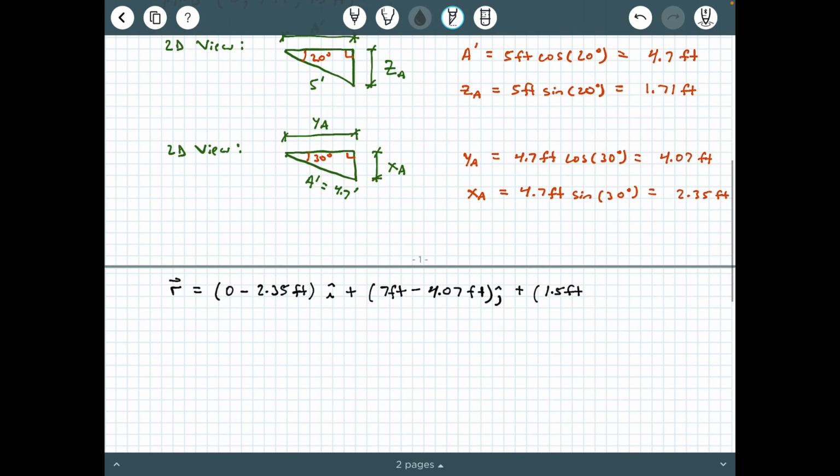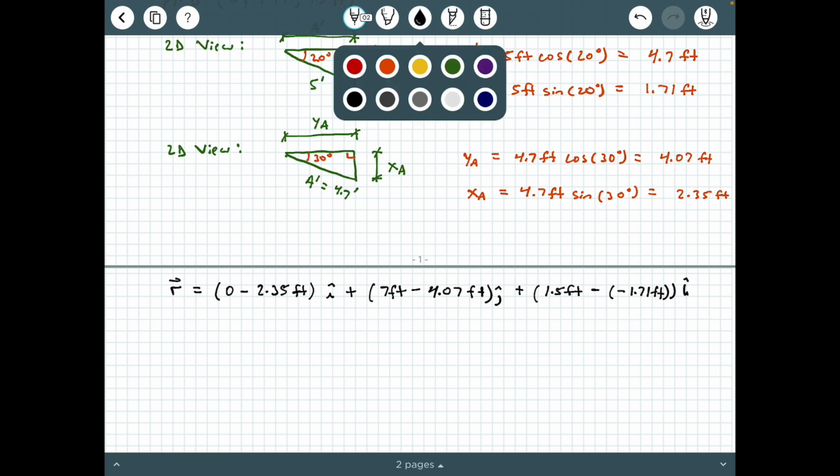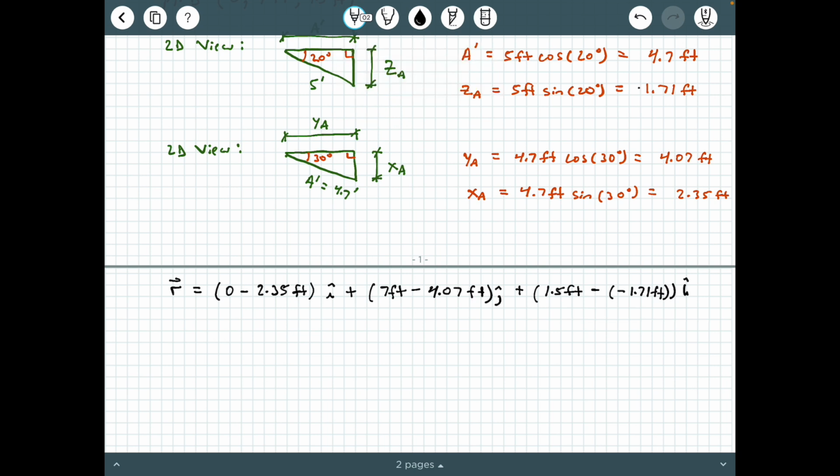So when we say ZB minus ZA, we're really saying 1.5 feet minus a negative 1.71 feet, okay? And then times K. Again, this is really a negative component when we're looking at it in 3D, okay? So even though I left off the negative here for the sake of geometry, we can make sure we note that a negative belongs there, okay?